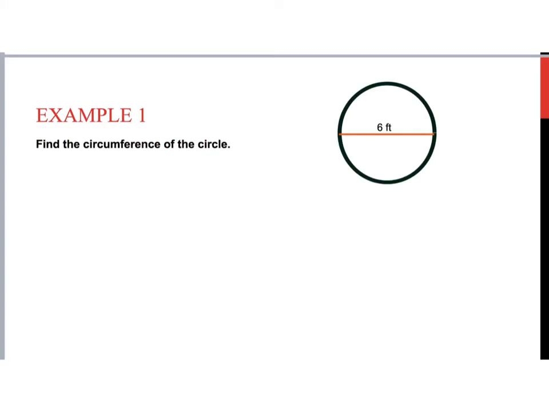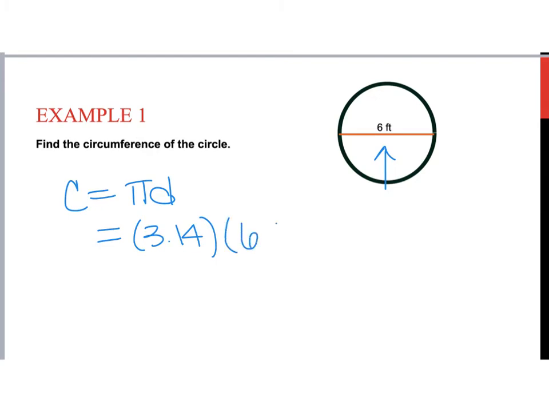So example 1 wants us to find the circumference, C, of the circle. When I look at this circle, I see that we are given the diameter. So that tells me for my circumference formula, I can use pi times d. So I'm going to write 3.14 down, though you would use the pi button on your calculator, and I'm going to multiply that by 6 feet.